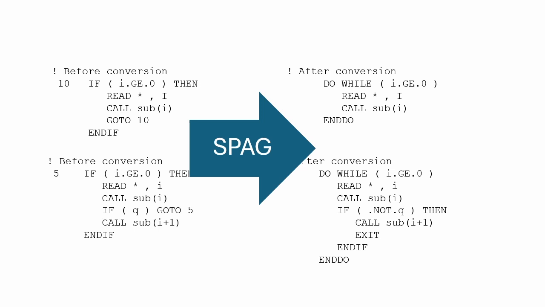That example involved introducing lots of block if constructs to replace the go-tos, but sometimes the go-tos would point backwards, and in that sort of case you've got to introduce do loops to replace the go-tos, and SPAG does that as well, and these are two examples.